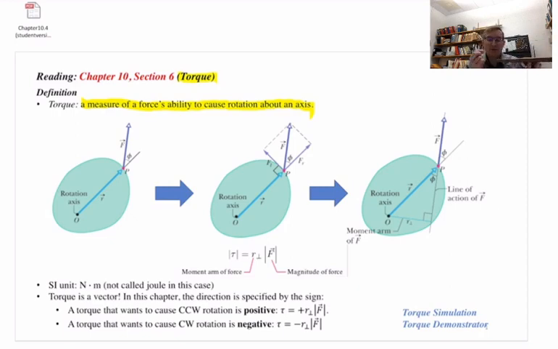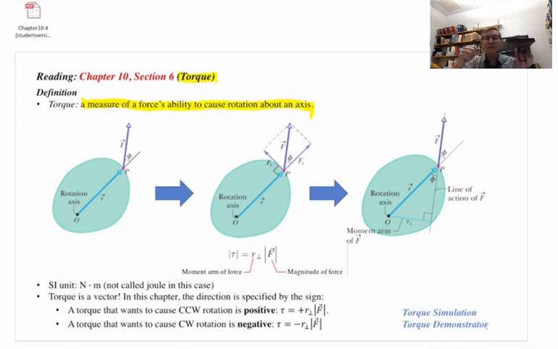And all I want you to observe is that if I pull on the string, thereby applying a force to the piece of wood, I can cause the thing to rotate about the axis of rotation. Note, however, it may be hard again to see, if I pull on the string such that my force is lined up along the line that I've drawn with the axis of rotation, I don't get any rotation at all.